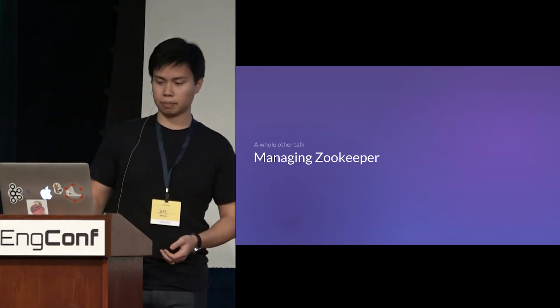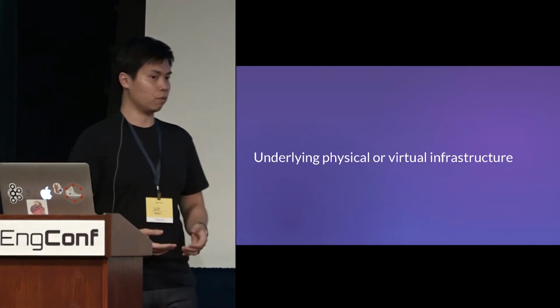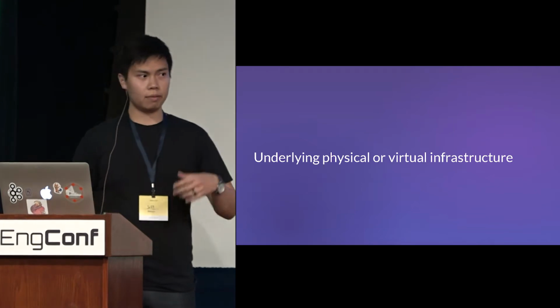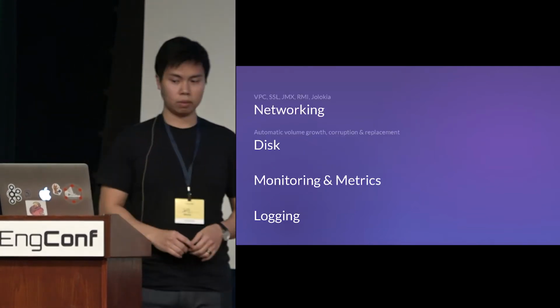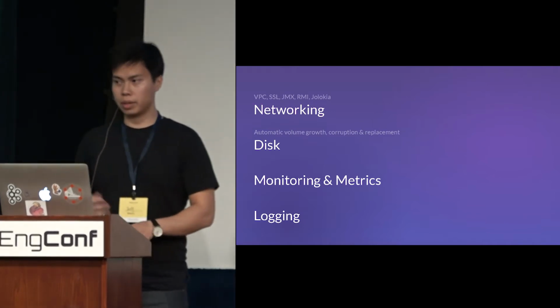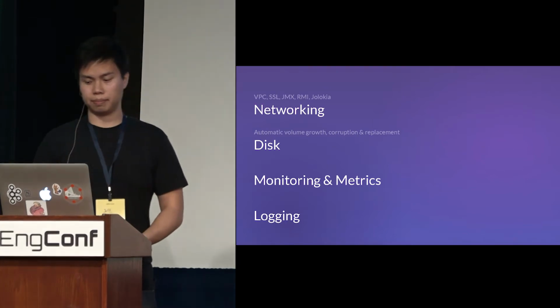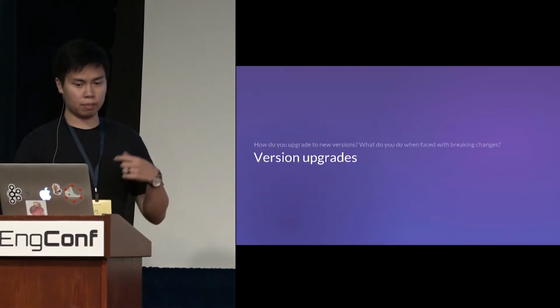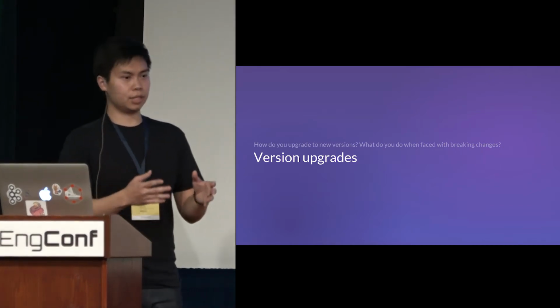Now, if we go down the stack and think about the underlying physical or virtual infrastructure, we have other details to consider. Details like networking, growing disk volumes, monitoring metrics, and even a sensible logging solution. So more on the operational side, there are version upgrades, as in even just for Kafka.